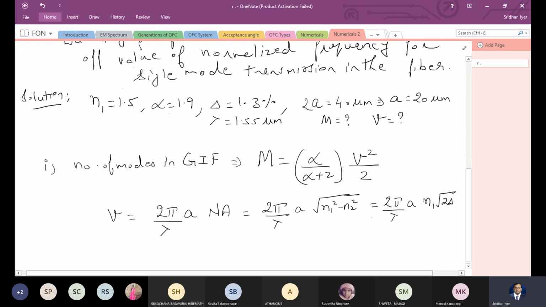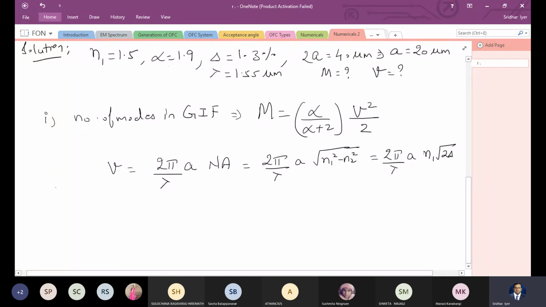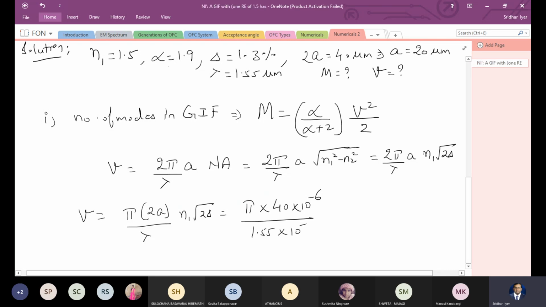This third format is the one that I can readily use because we are given all the values. So V will be pi, and I'll combine 2A, because we are given the value of 2A as 40 micrometer, divided by lambda into n1 root 2 delta. So this will be pi into 2A, 40 times 10 raised to minus 6, divided by lambda, which is 1.55 times 10 raised to minus 6 meters, into n1 which is 1.5, into root of 2 into delta, which is 1.3%, that is 0.013.